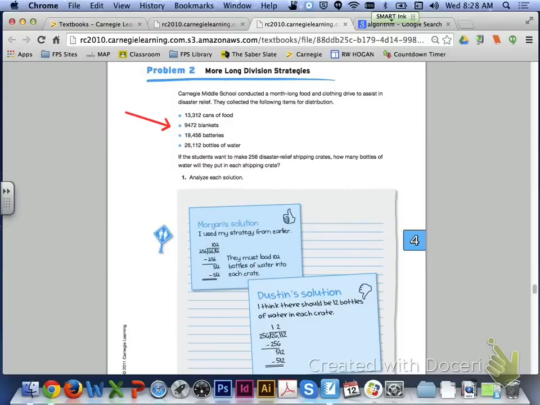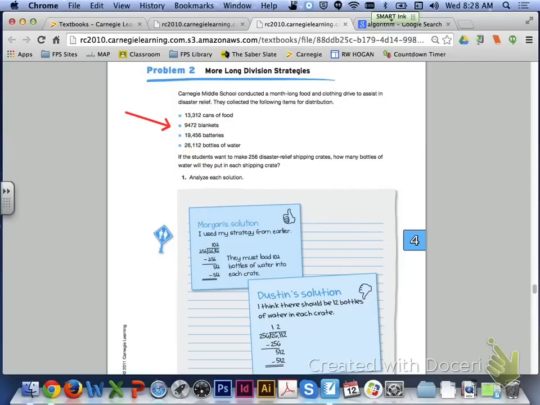What I would like you to do with your group members to get started today is take a look at number 1 and analyze each solution. You have Morgan and Dustin and what they did to try to figure out their answer. Take a look at Morgan and Dustin's solution with your group members and turn to page 284.